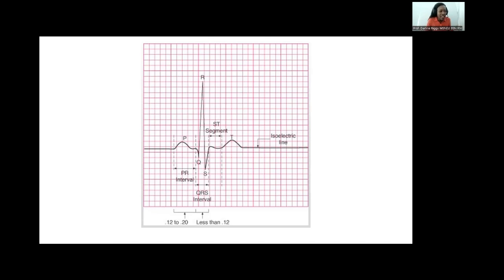On a normal EKG strip, by the way, it doesn't matter where you go, the strip is the same, whether you're in Canada, Guam, Hawaii, because we all use the same strip. So on the NCLEX, don't worry. That's why you're able to sit for the test in different states. The NCLEX is based on what's done across the jurisdiction.